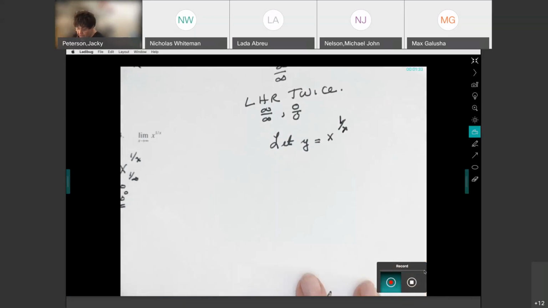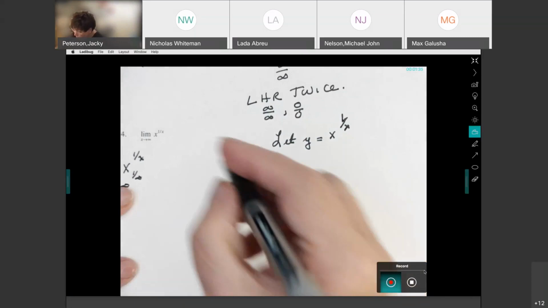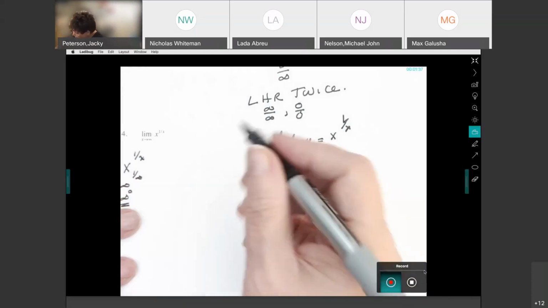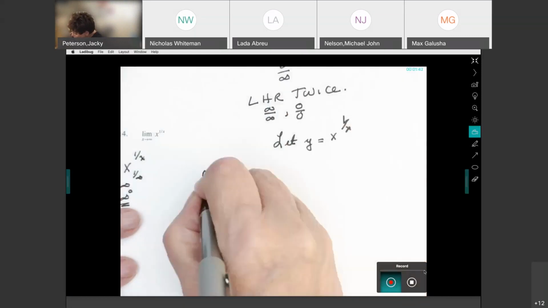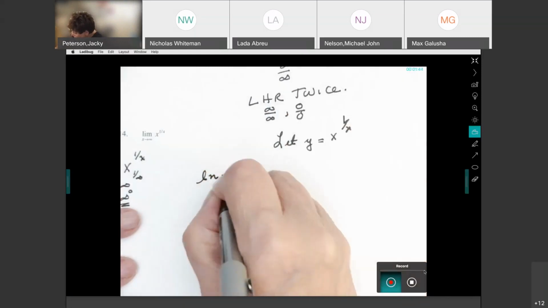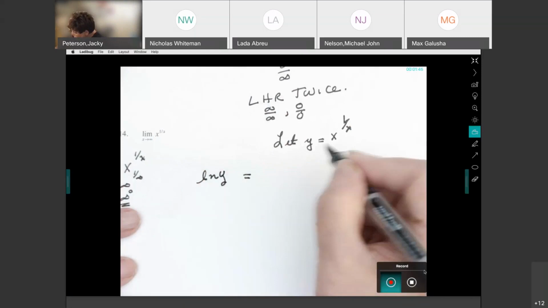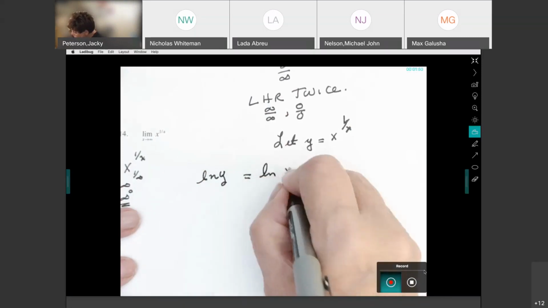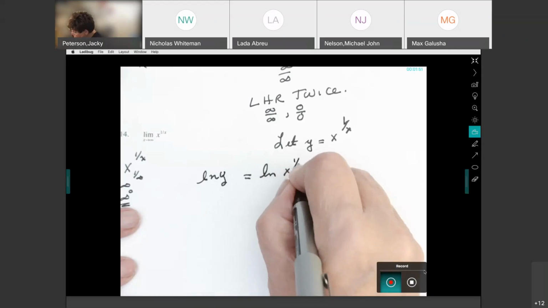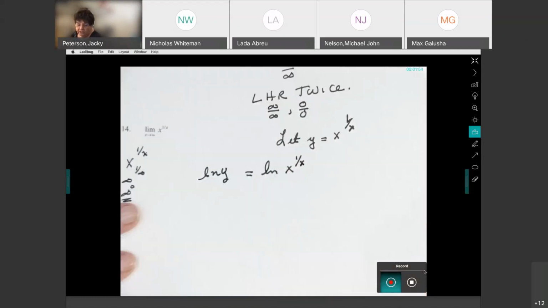Then this is something that I know is true. Take the natural log of both sides: the natural log of y is equal to the natural log of the right-hand side. Now you could use any log you like. We tend to use natural log more than anything else.